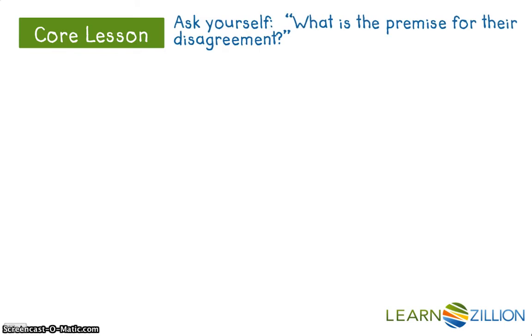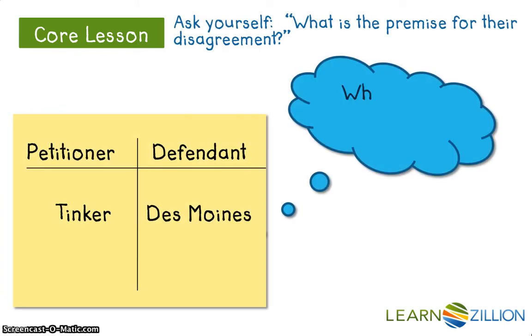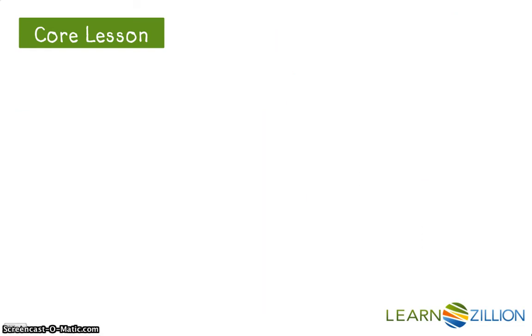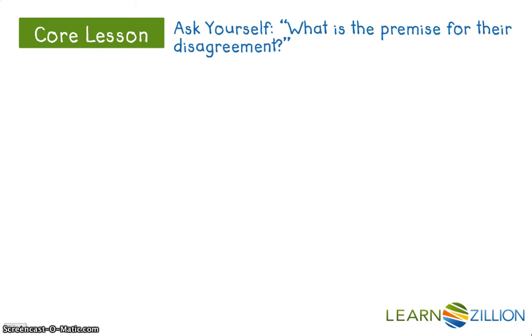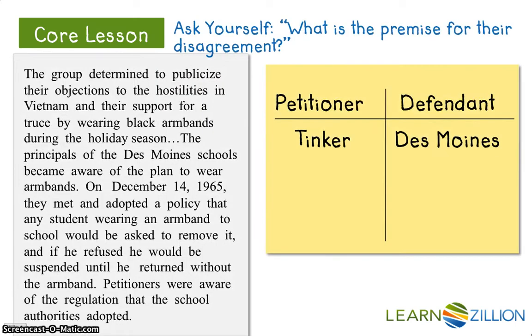Now that I know who the petitioner and the defendant are, I can ask myself, what is the premise for their disagreement? A great place to look for the causes of the disagreement between the petitioner and the defendant is in the exposition of the text.